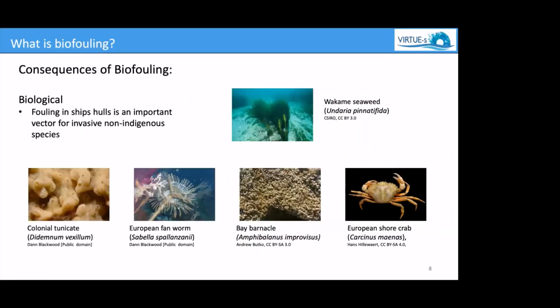Another consequence of biofouling is the biological consequence. The fouling of ship's hulls is an important vector for invasive non-indigenous species. If you think about invasive species, we always think only of species being carried in the ballast tanks of ships, and when the ballast tanks are emptied into another location, the organisms in the water will be introduced into the new location.